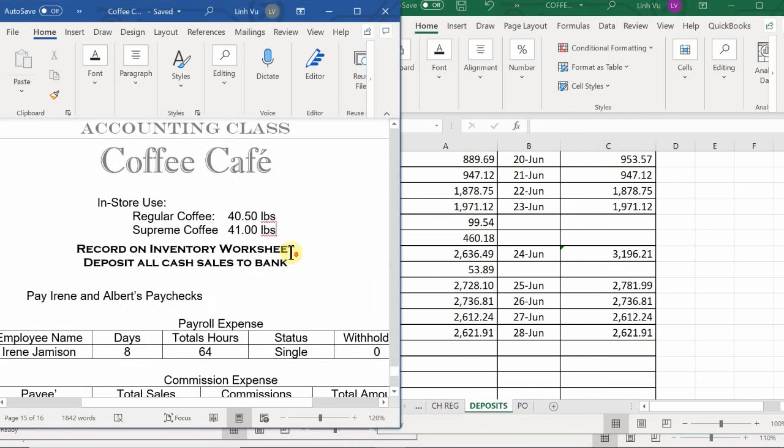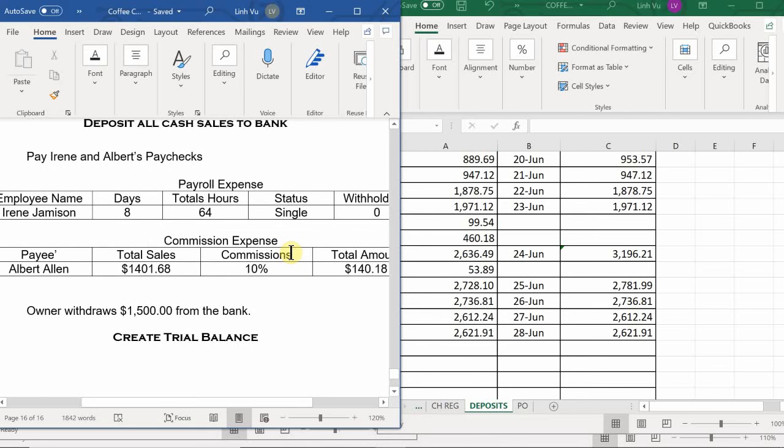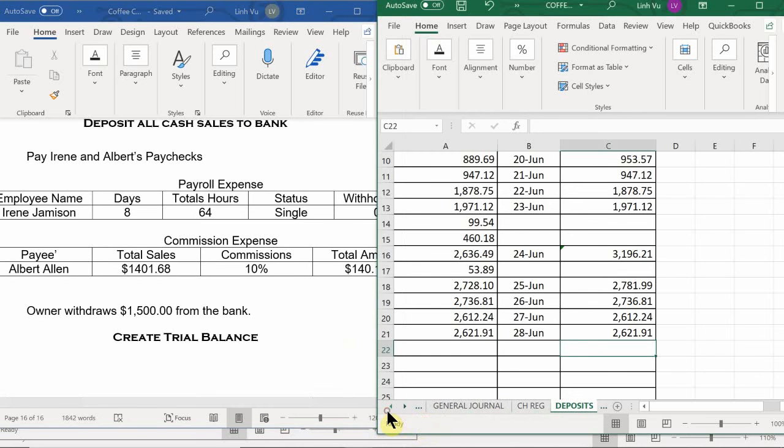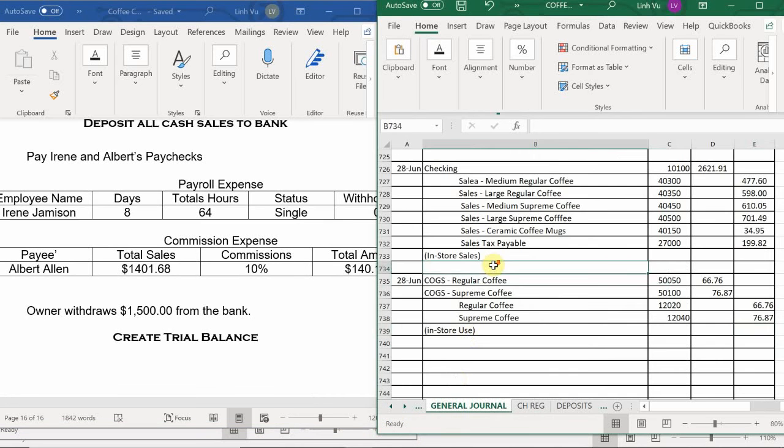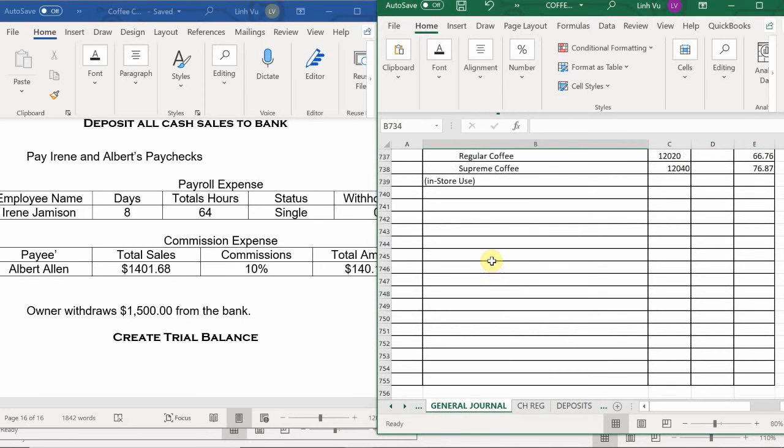And that's the next section here: it's payday time, so we need to pay our employees. Again, we have our number one employee, Irene.